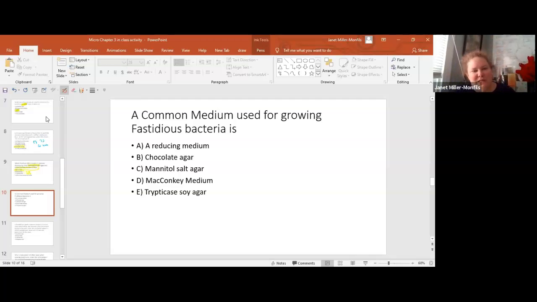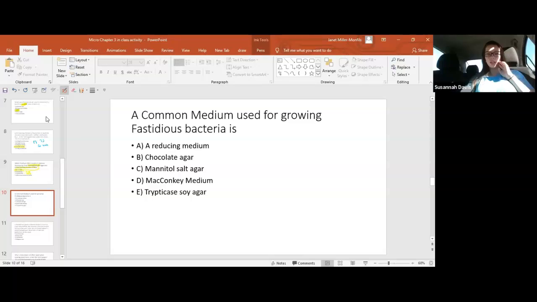Wait, did anyone find the page with the table on it yet? Is it choice B?